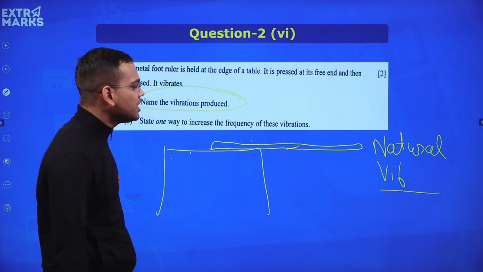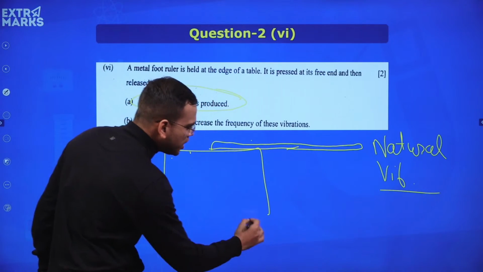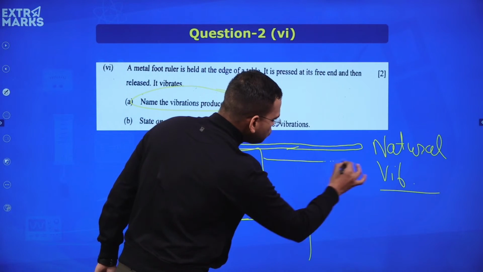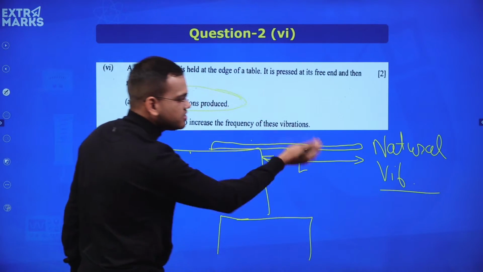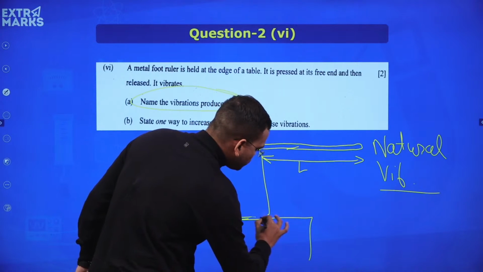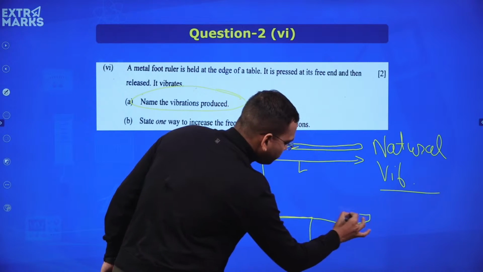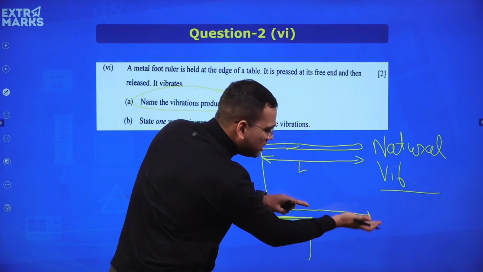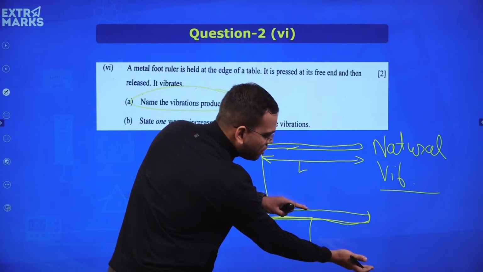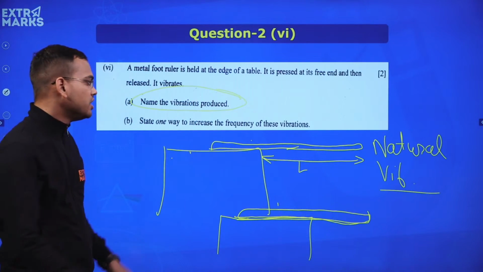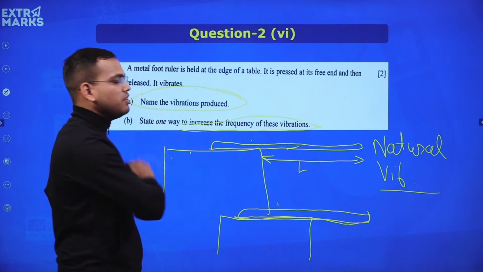If you just reduce the length of the free part that is ready for vibration. If I take the scale a little back, and now if I hold it and take it a little to the bottom and then release it, then the vibration which will be happening has more frequency. The frequency will be increased.